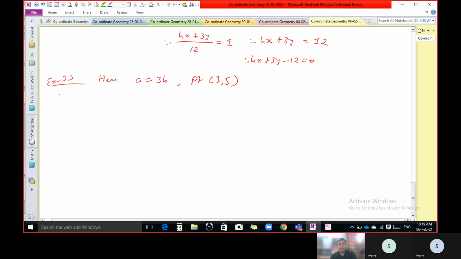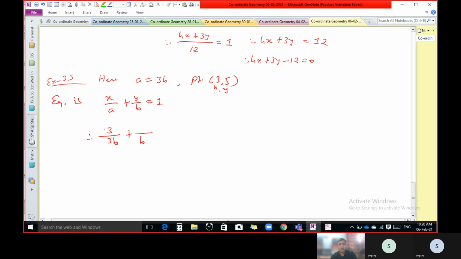First of all, write the equation x upon a plus y upon b equal to 1. Now in place of a you can write 3b, but b is unknown here. So use this point: this is the value of x and this is the value of y, and substitute in this equation.